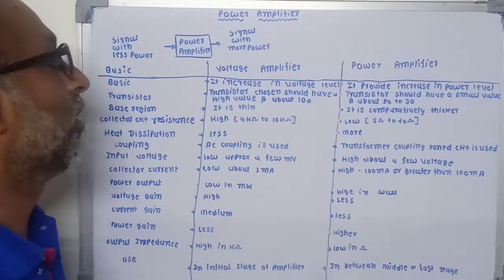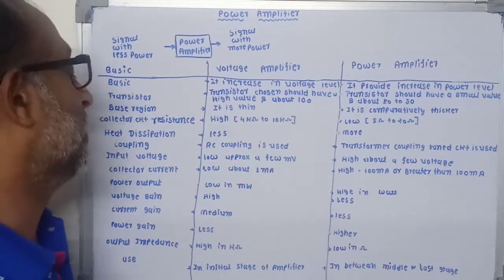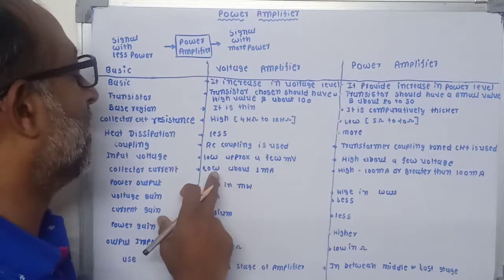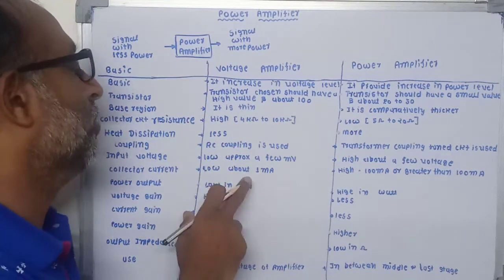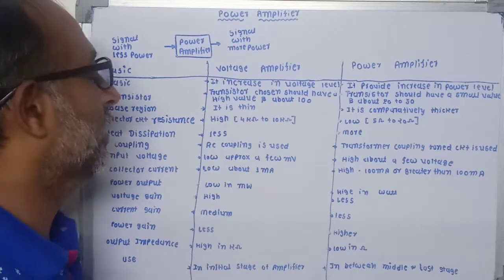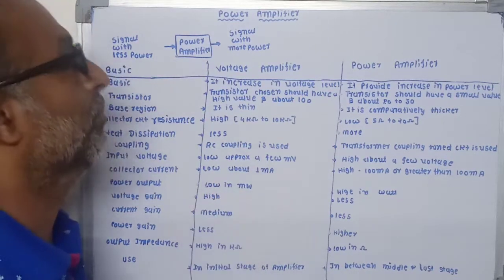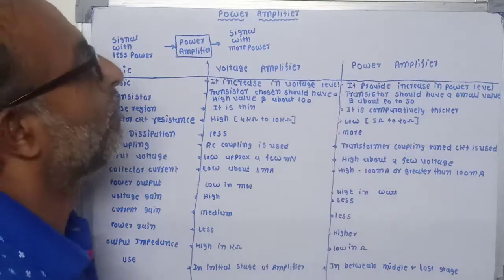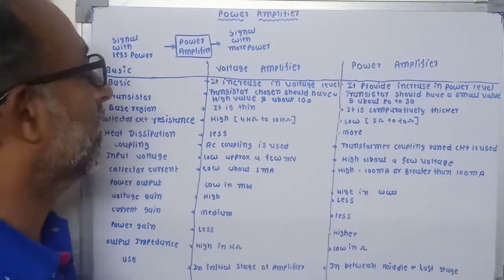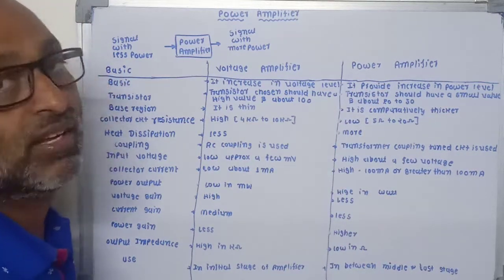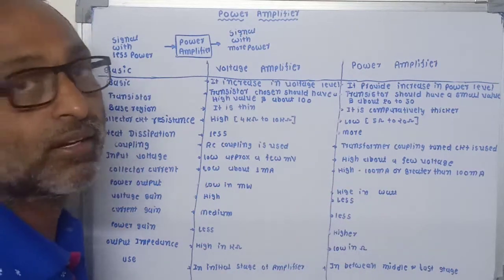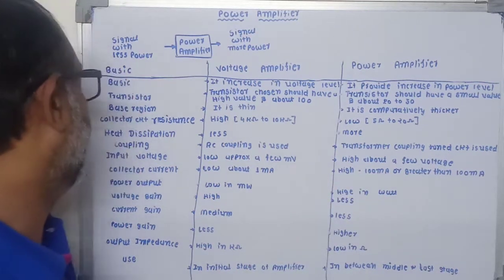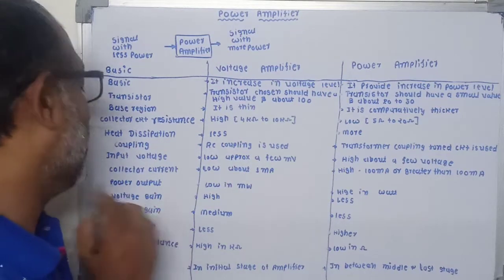Next, the collector current passing through the transistor. In a voltage amplifier the collector current is very low, about 1 milliampere, while in a power amplifier the collector current is high, 100 milliampere or greater than 100 milliampere. Now the output power.